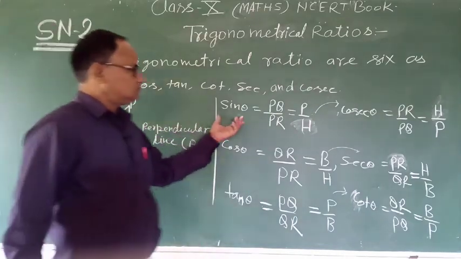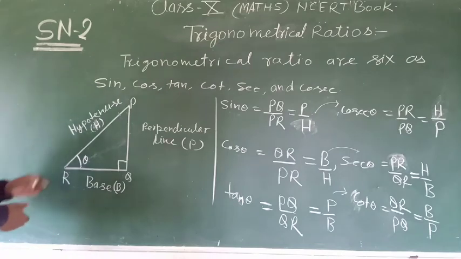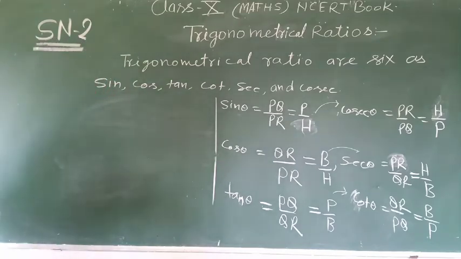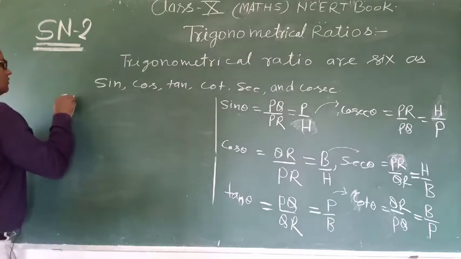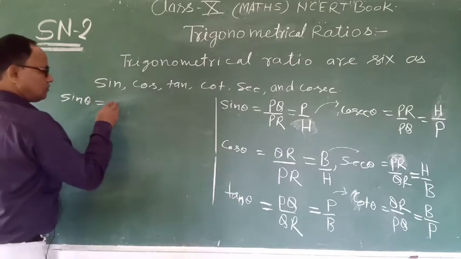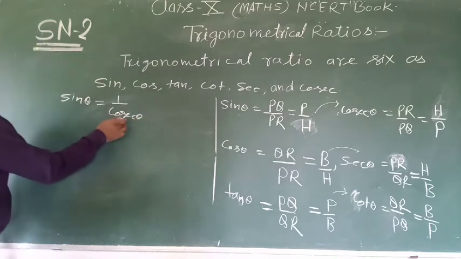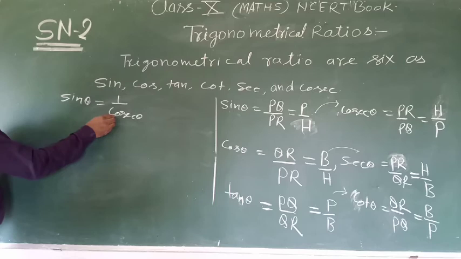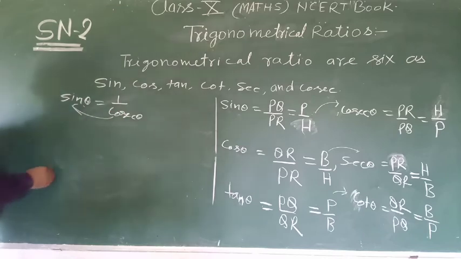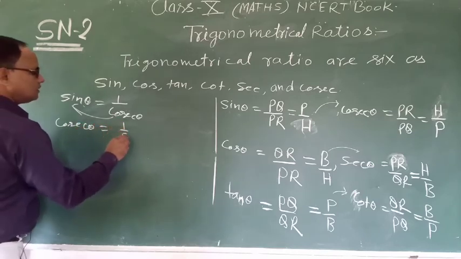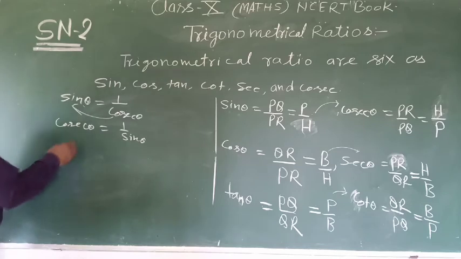These relations we can write here: sin theta is equal to 1 by cosec theta, and cosec theta is equal to 1 by sin theta.